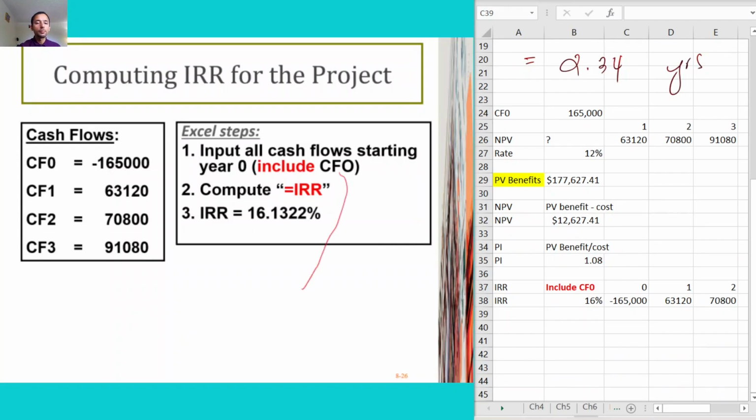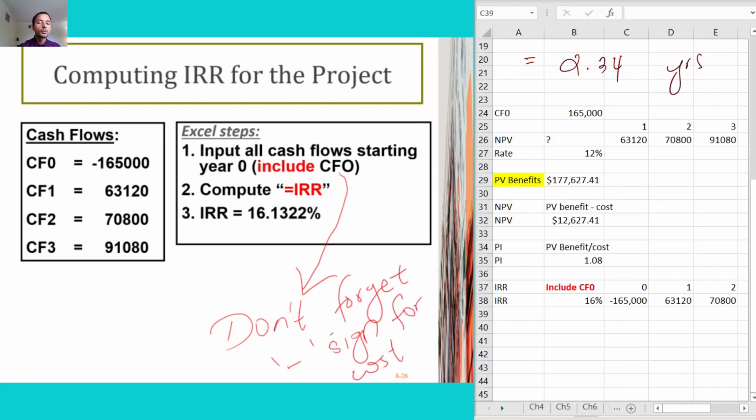So here, don't forget the negative sign for cost. So two things to remember when it comes to IRR: number 1, include CF0, and number 2, include the negative sign.